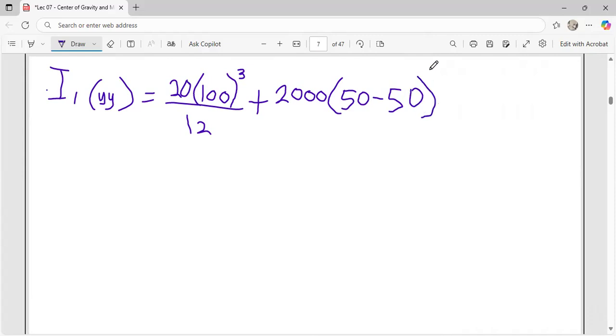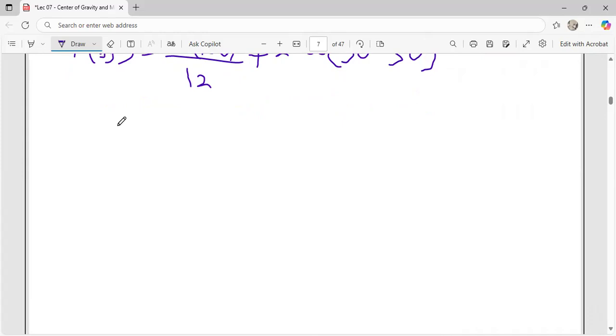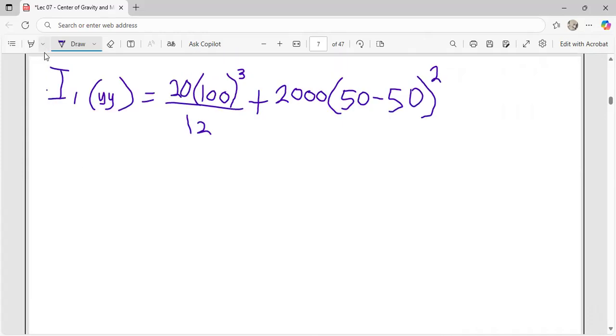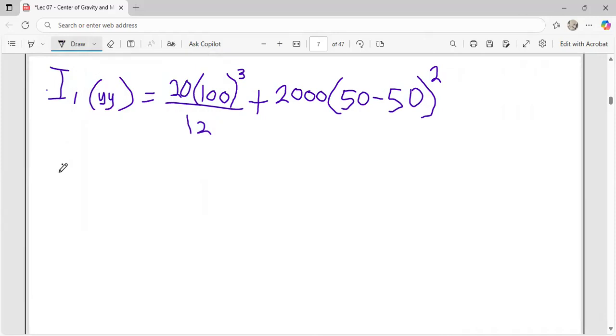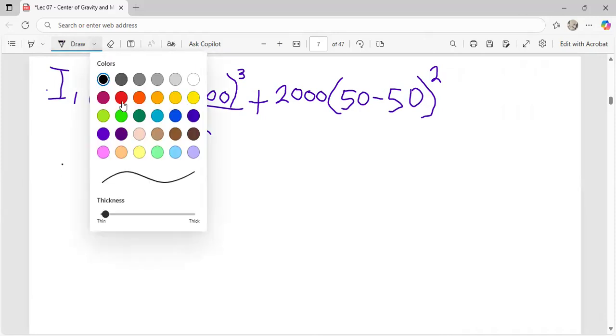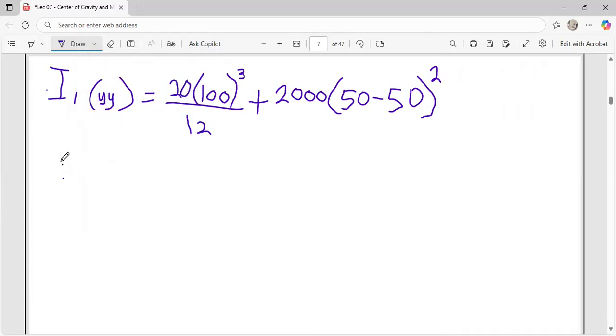All squared. At the end of the day, our final answer is going to be in the form of this. We're going to get our I. Let's all try and punch all of this in a calculator.